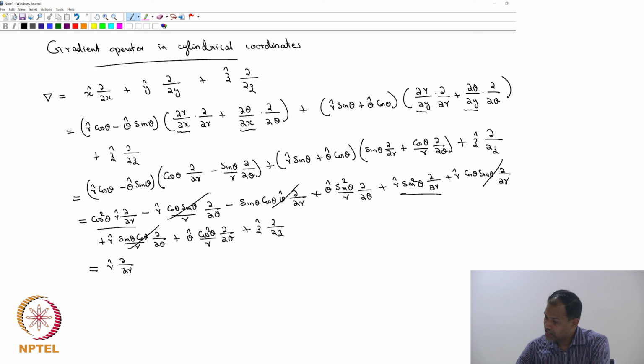So this and this should give you theta cap divided by r del by del theta plus z cap del by del z.